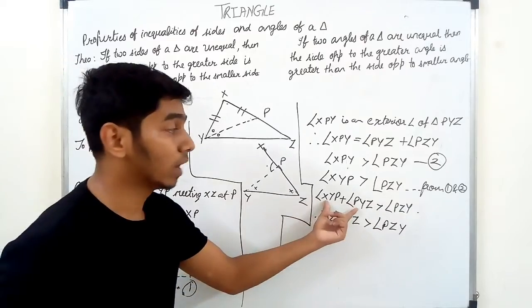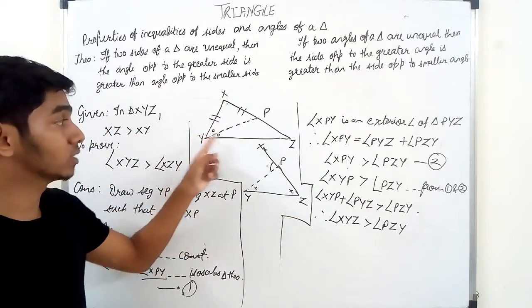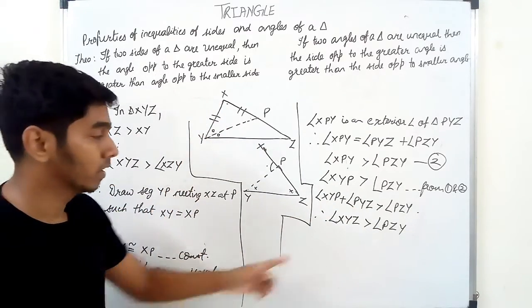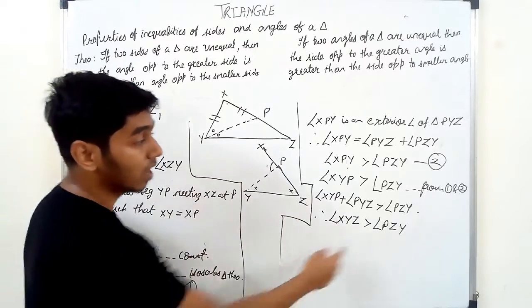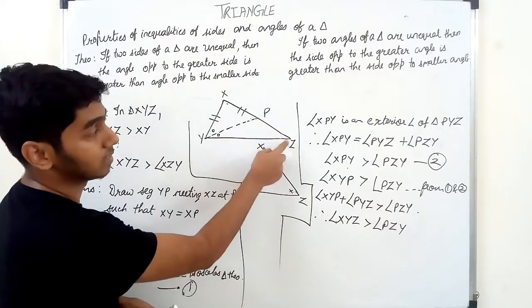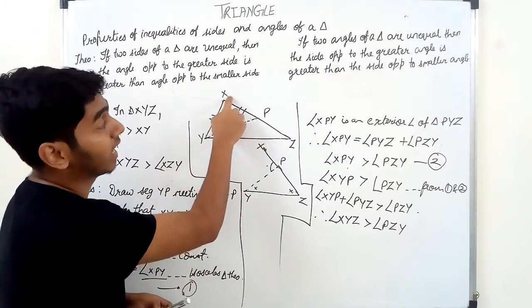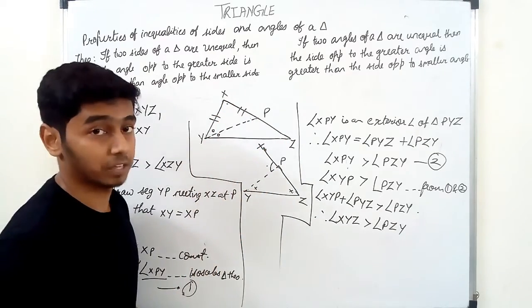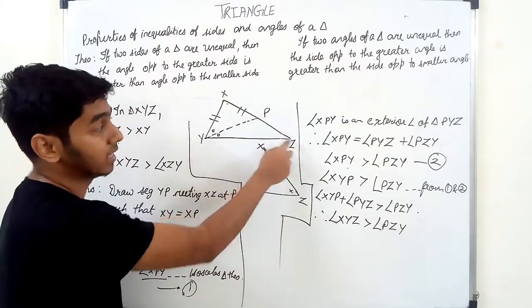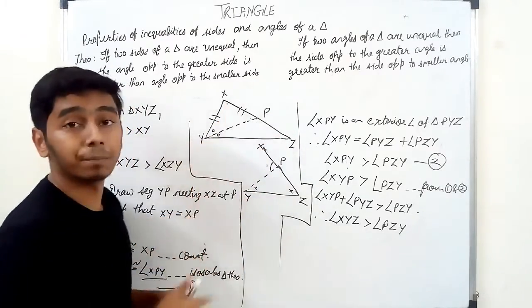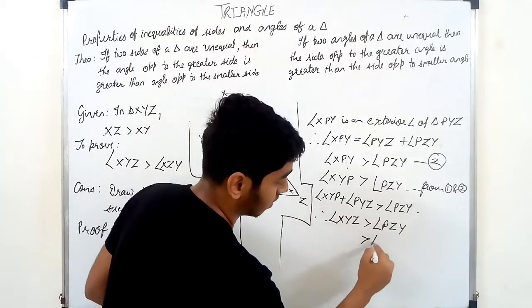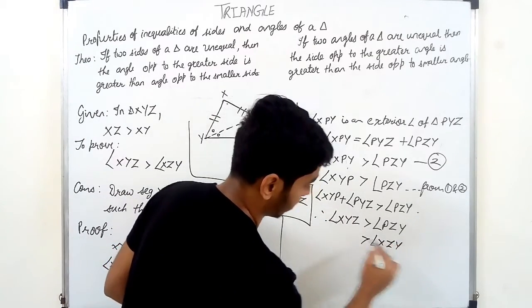Because these two additions are giving us XYZ. Instead of PZY, we can also say XZY, yes or no? Same angle but different name. So we'll just say XZY.